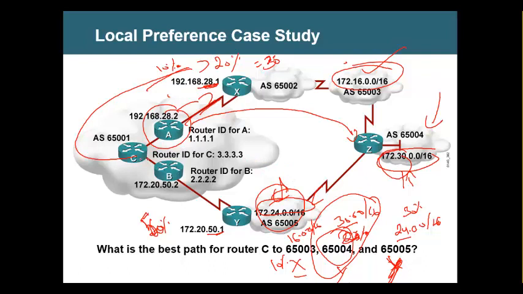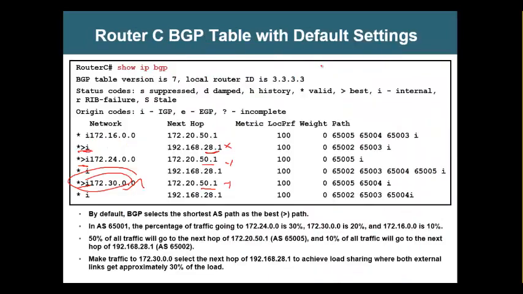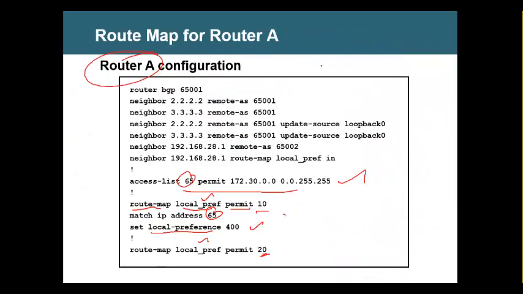So that will make all the routers in this autonomous system, even B, start sending the traffic via X if it wants to go to 172.30.